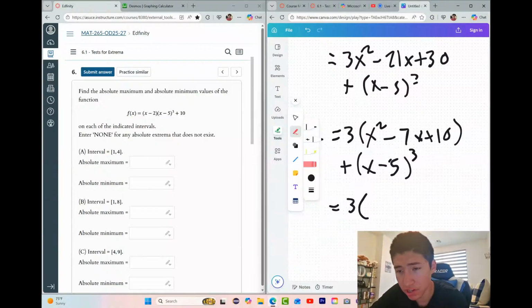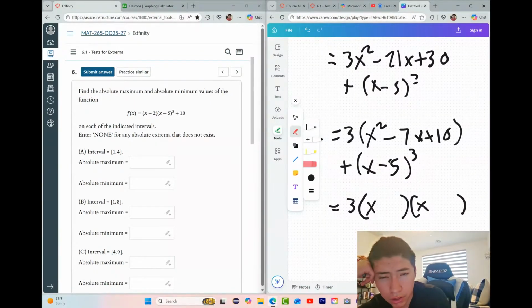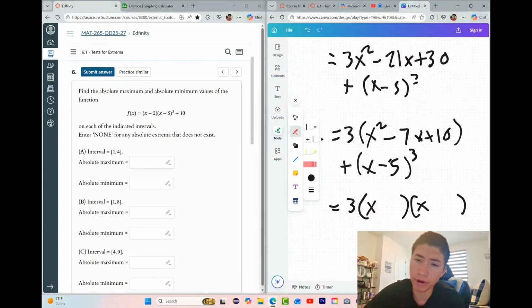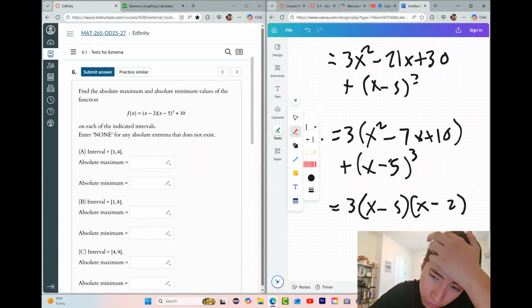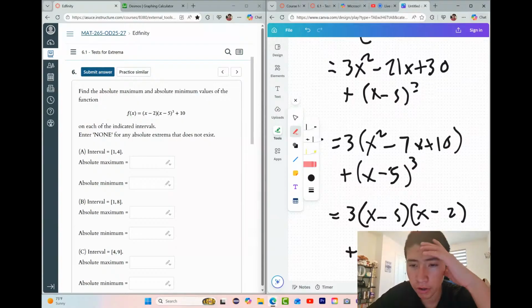So that adds to -7 and multiplies to 10. How about multiplying 5 and 2? Oh yeah, right. -5 and -2. Beautiful. Negative, positive when multiplied, and negative when added. And this is plus x minus 5 cubed. Was this what we got before?